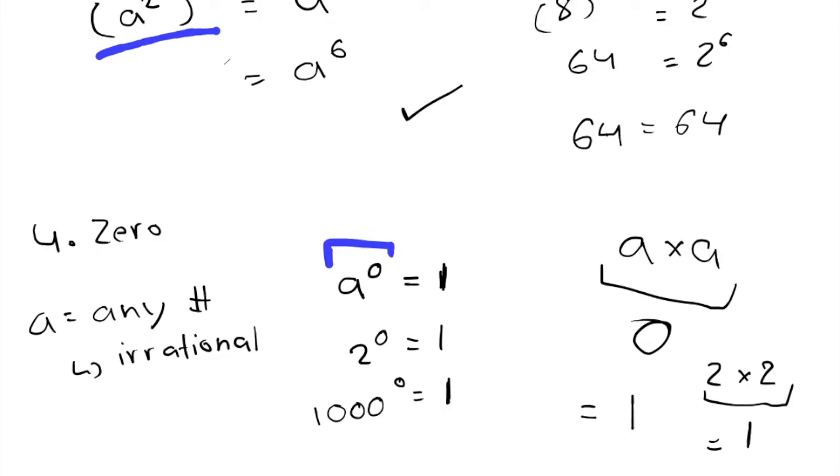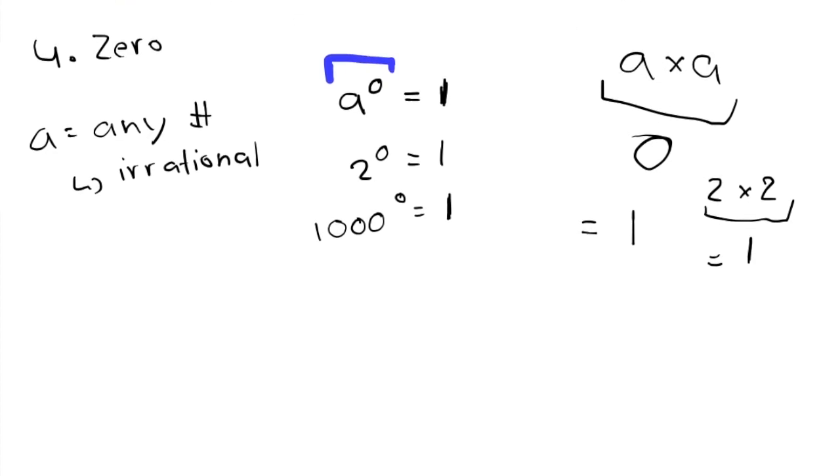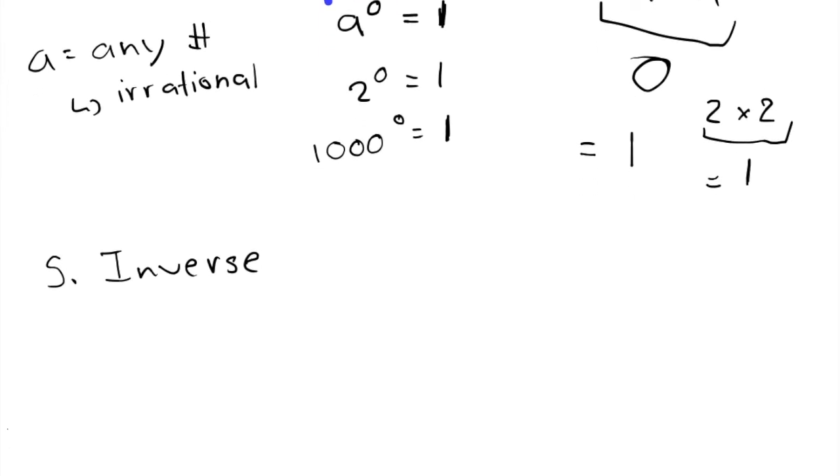So now let's move on to the last exponent law, and this is the inverse exponent law. The inverse exponent law is not really an exponent law used for simplifying, it's just an exponent law used for making something make more sense in layman's terms. So basically, the inverse exponent law works when you have a number, a, to the power of a negative number. So let's say to the power of -2.